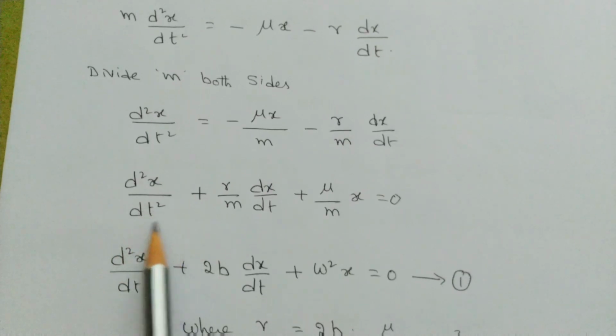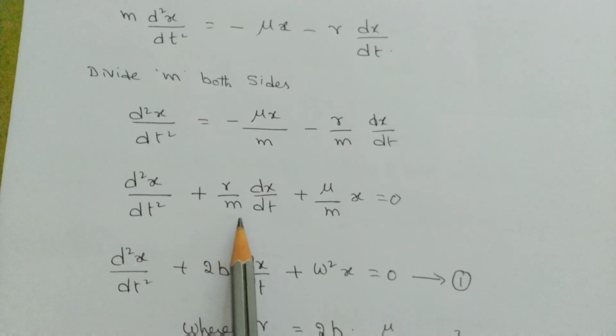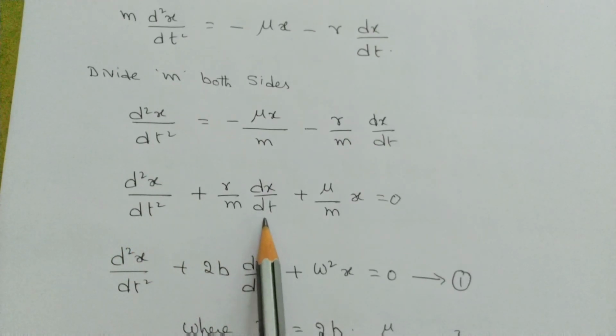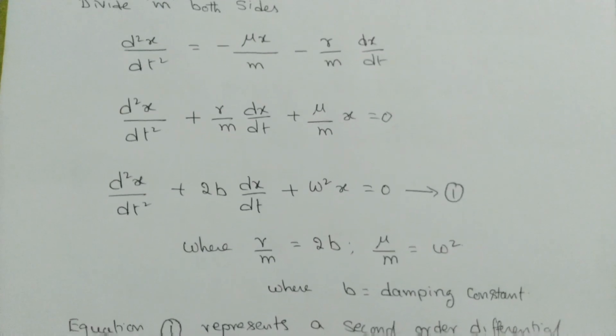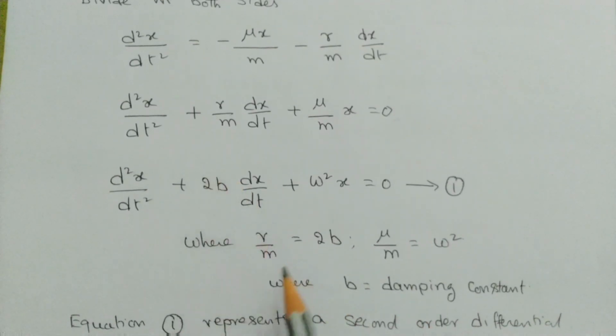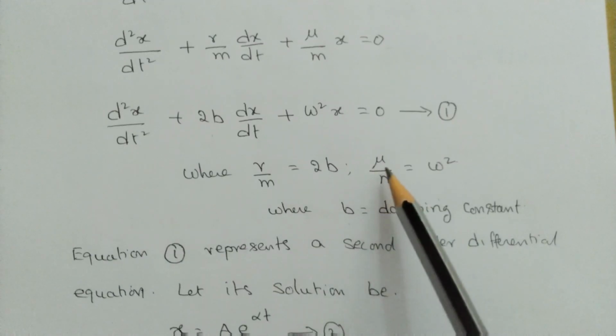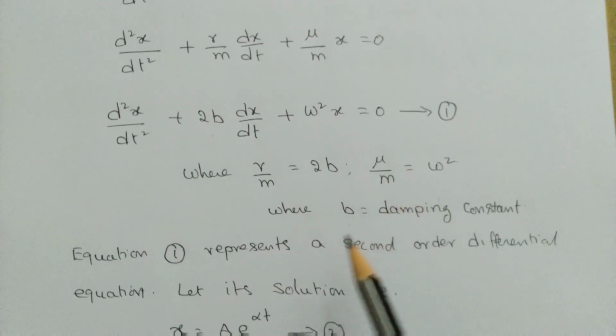That means d square x by dt square plus r by m into dx by dt plus mu by m into x is equal to 0. Now at the position of r by m, I put 2b here, and for mu by m we substitute omega square, where b is called the damping constant and mu is called the spring constant or force constant.